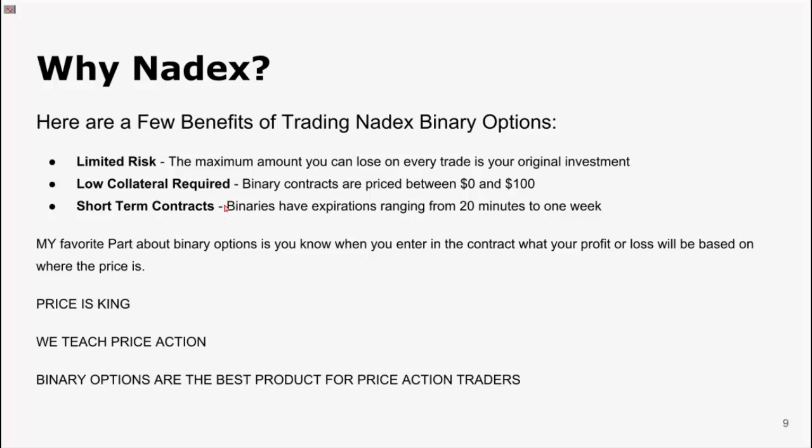With Nadex binary options, the expirations being timed, I'm no longer concerned about entering or exiting at the exact right time. When I entered a traditional options contract, potentially you're looking for price to move up $2, and if it goes up those $2, you're looking at a 200% return.